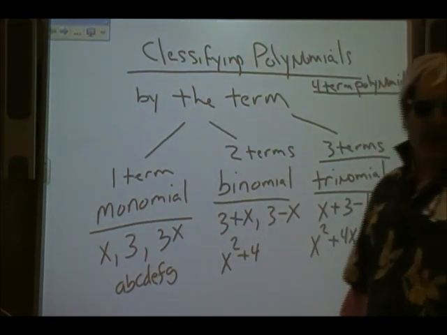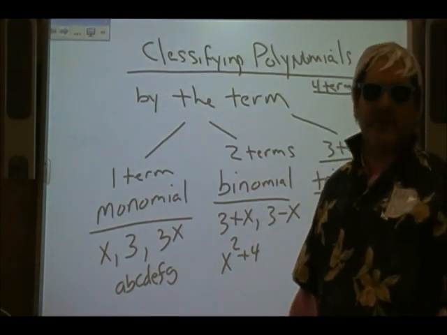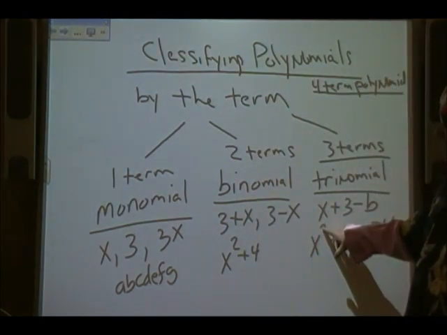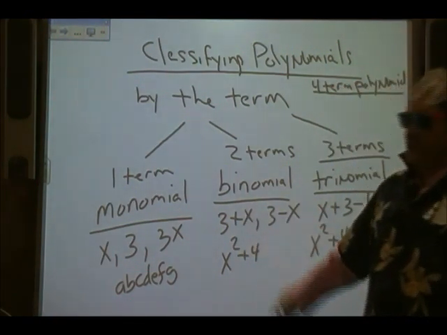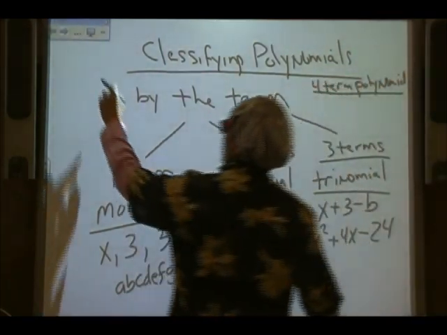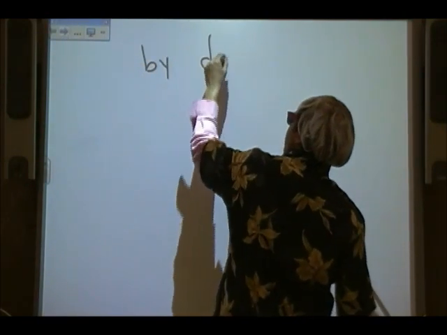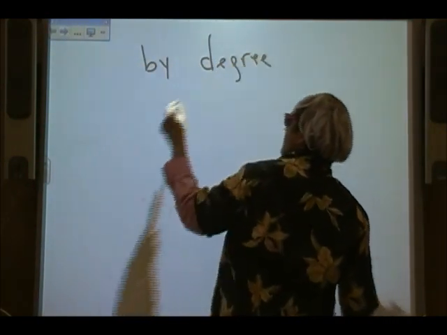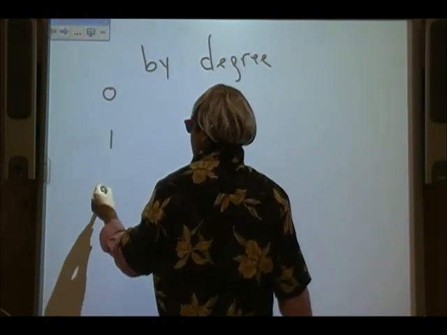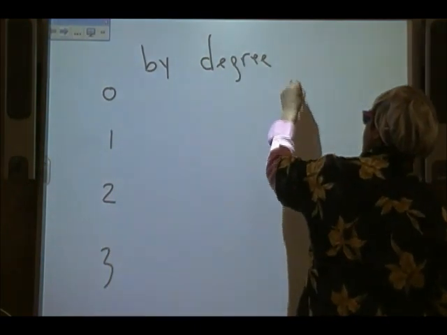Okay? Now, let us classify them by their degree. That is by the power. See? This is the second power. This one is the first power. We're going to go by powers. Okay? So, now we're going to do it by degree. Well, you can have to the 0 power, first power, second power, third, and then it continues, right?